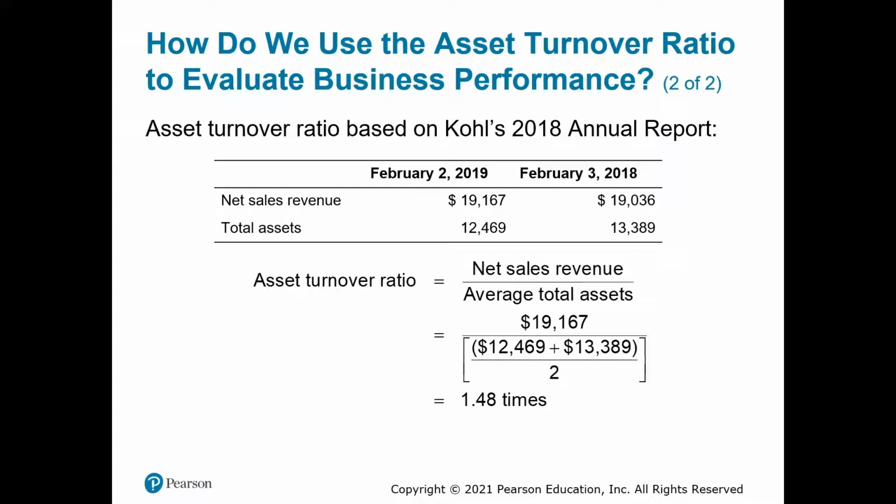Now, Kohl's asset turnover ratio is 1.48 times. That is significantly lower than the industry's average. This tells us that Kohl's is only producing $1.48 of net sales revenue for each dollar of assets invested.